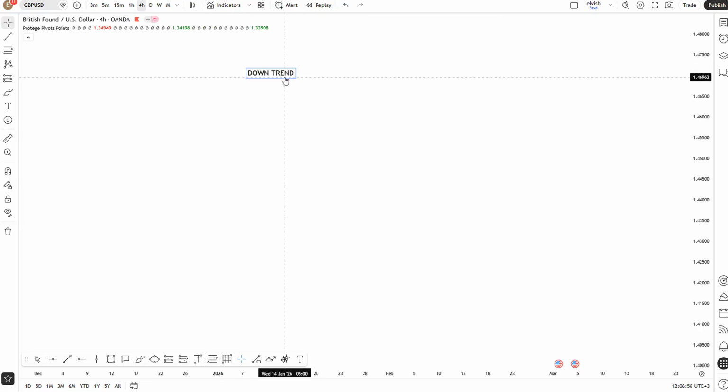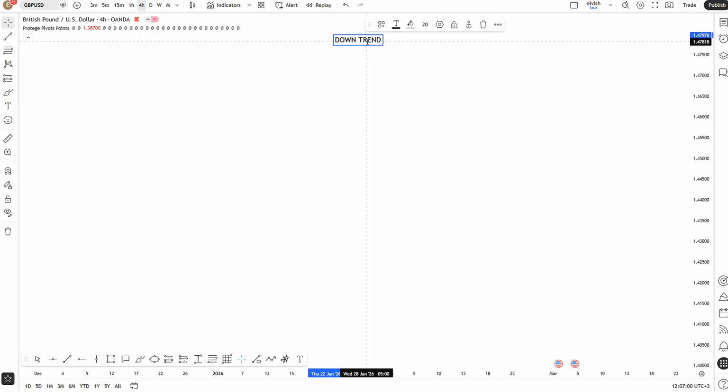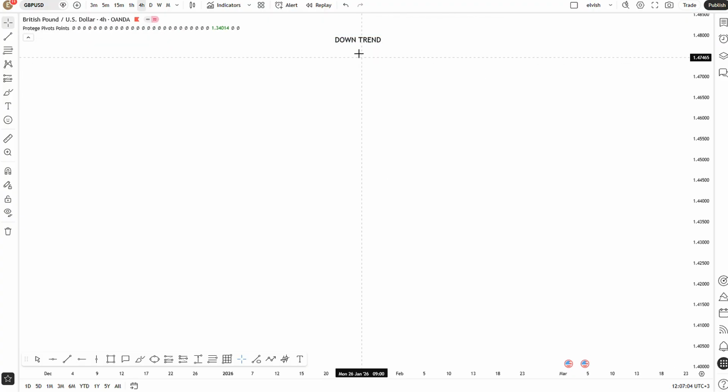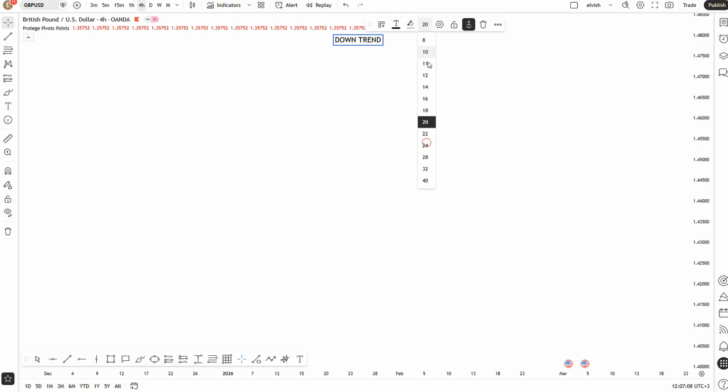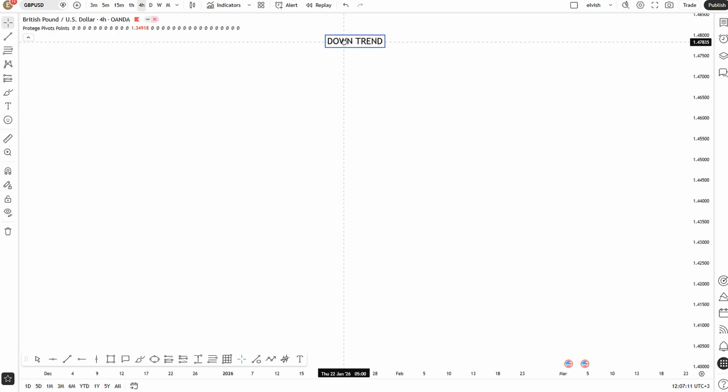So how does the downtrend look like? Let me anchor this, so it's anchored there and won't be moving. Let me even make it a bit bigger. How does a downtrend look like?